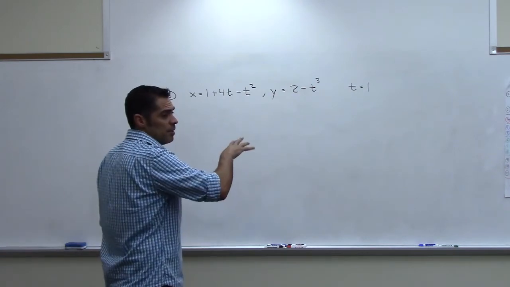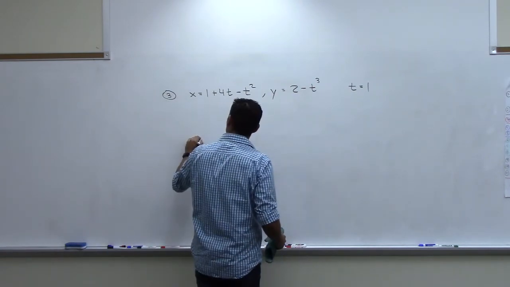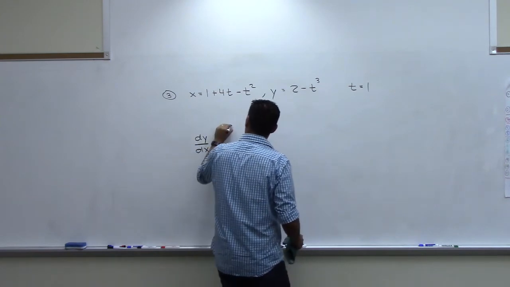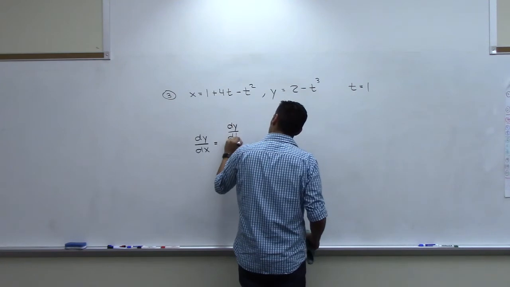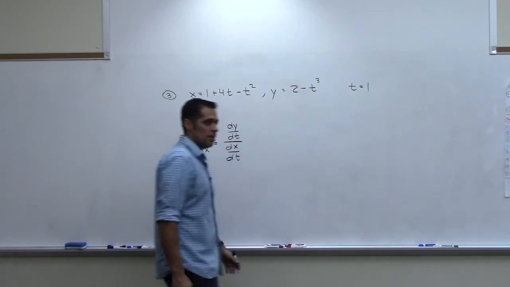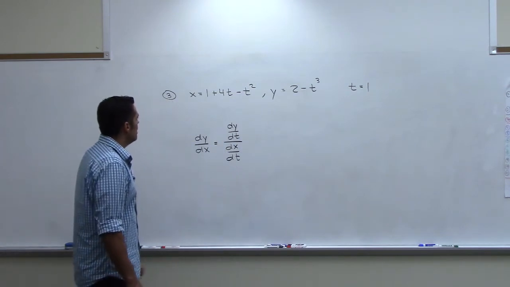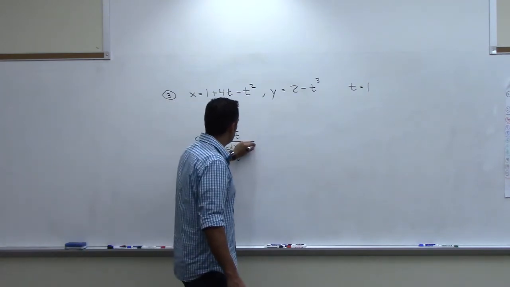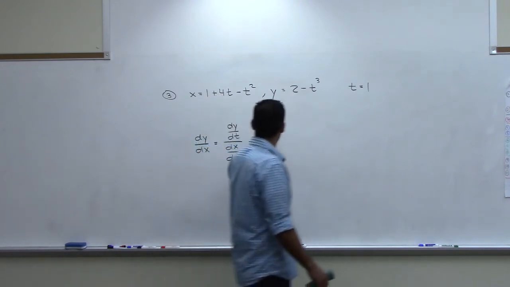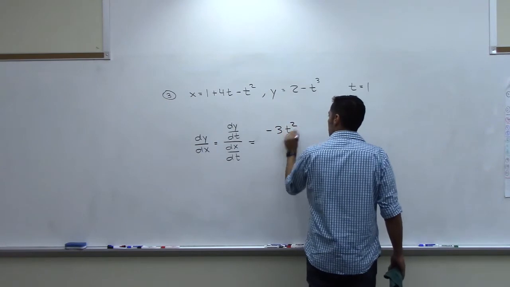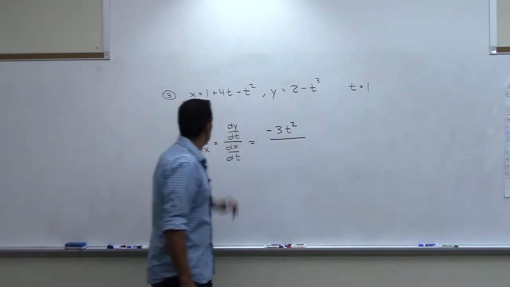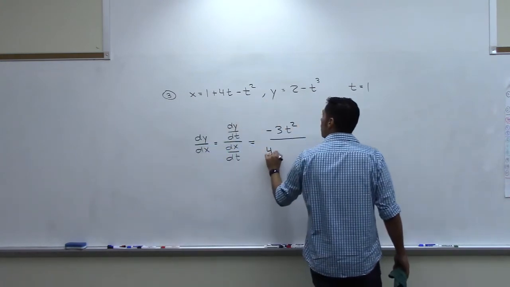Okay, so we have to find dy/dx. And the formula for this is dy/dt over dx/dt. This is the slope of your tangent line. And dy/dt is just the derivative of this with respect to t, which is negative 3t squared. And the derivative of x with respect to t is 4 minus 2t.